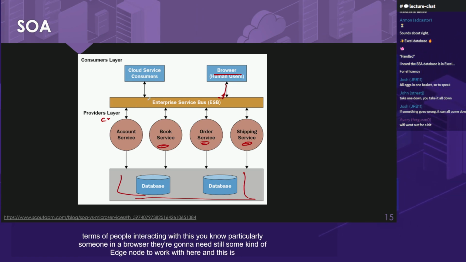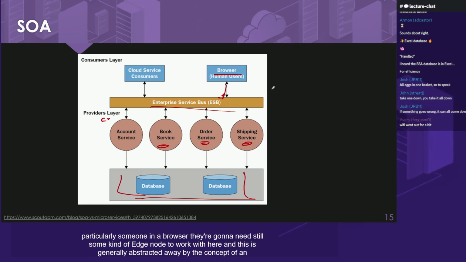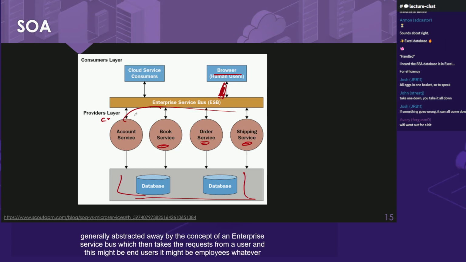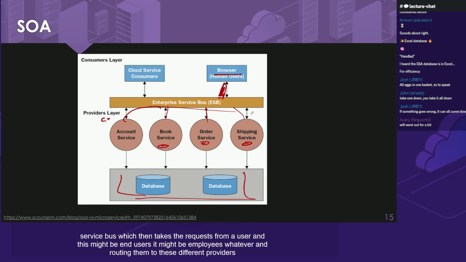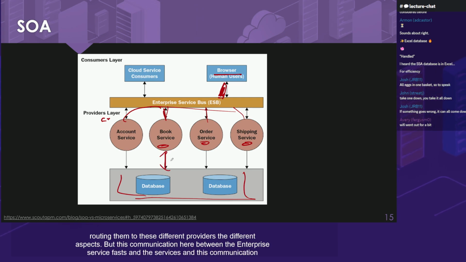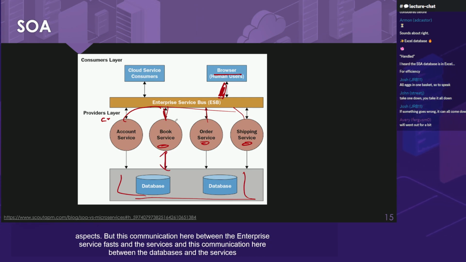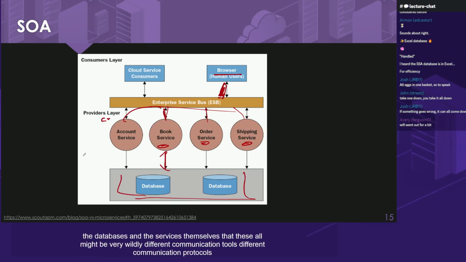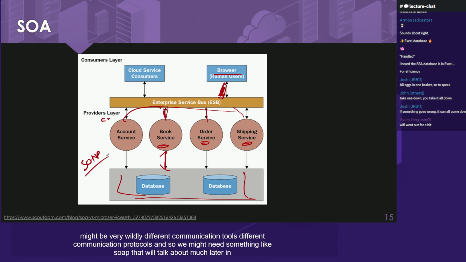This is generally abstracted away by the concept of an enterprise service bus, which takes the requests from a user, and this might be end users, it might be employees, whatever, and routes them to these different providers. But it's the communication between the enterprise service bus and the services, and between the databases and the services themselves, that might all use very wildly different communication tools and protocols, and so we might need something like SOAP that we'll talk about much later in semester.